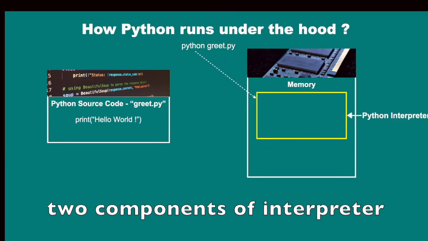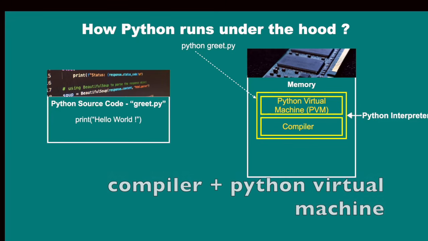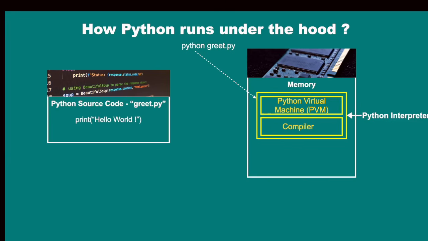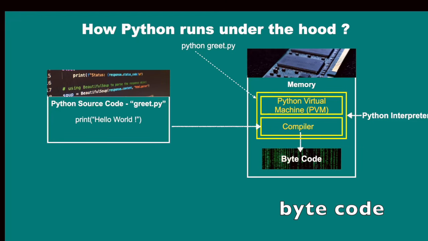Conceptually, you can think Python interpreter has two components. One is the compiler and the other is the Python virtual machine. Now the compiler, which is one component of the interpreter, reads the source code as an argument and converts it into an intermediate low-level language called bytecode.